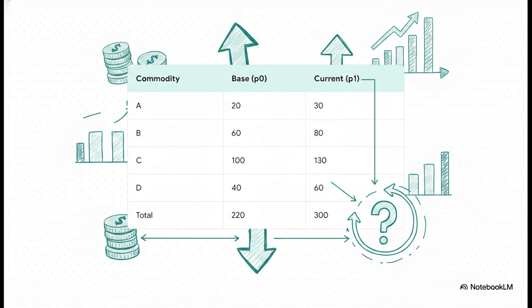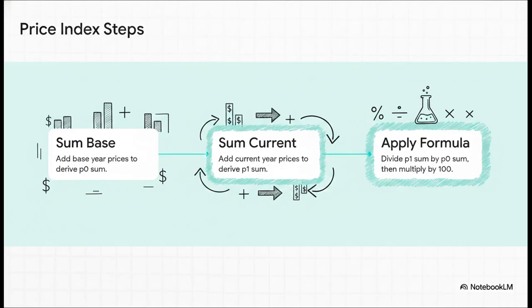We literally just total up the columns. Summing up those base year prices gives us an aggregate of 220. Then, summing up the current year prices gives us an aggregate of 300. Now here is the crucial rhythm we're going to repeat today. 3 simple steps: sum the base column, sum the current column, and apply the formula. It's a highly structured, totally reliable way to process this kind of data.